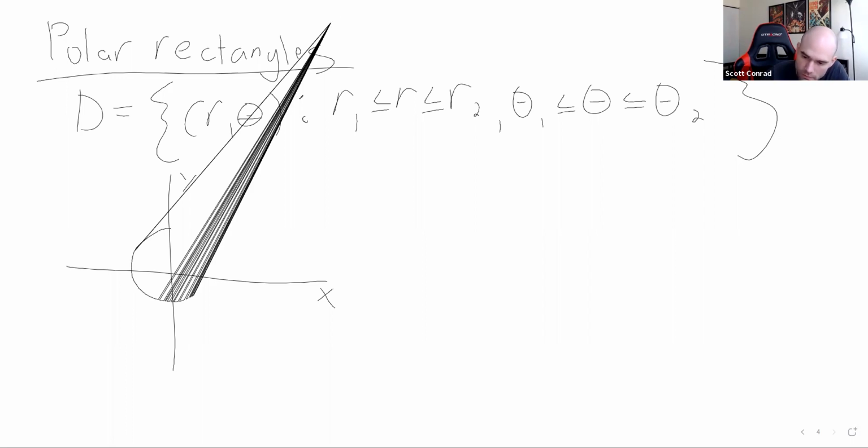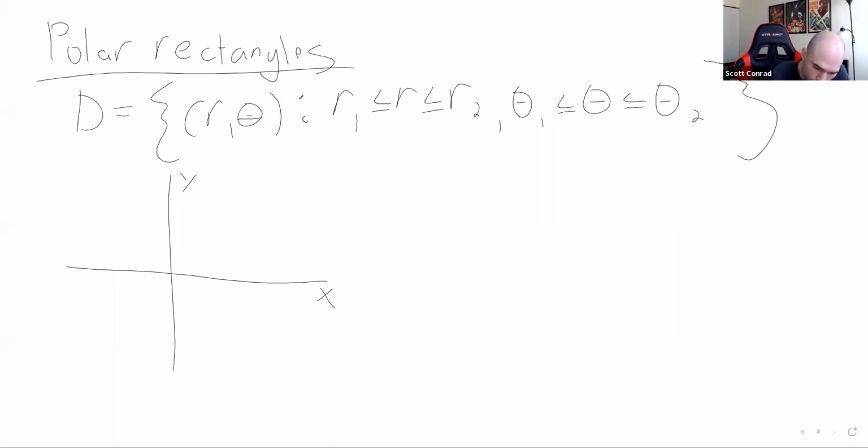Hang on, let me try to make that sort of circular. And then r equals r2 for some bigger r is going to be the set of points, the circle centered at the origin of radius r2 for some bigger r2.